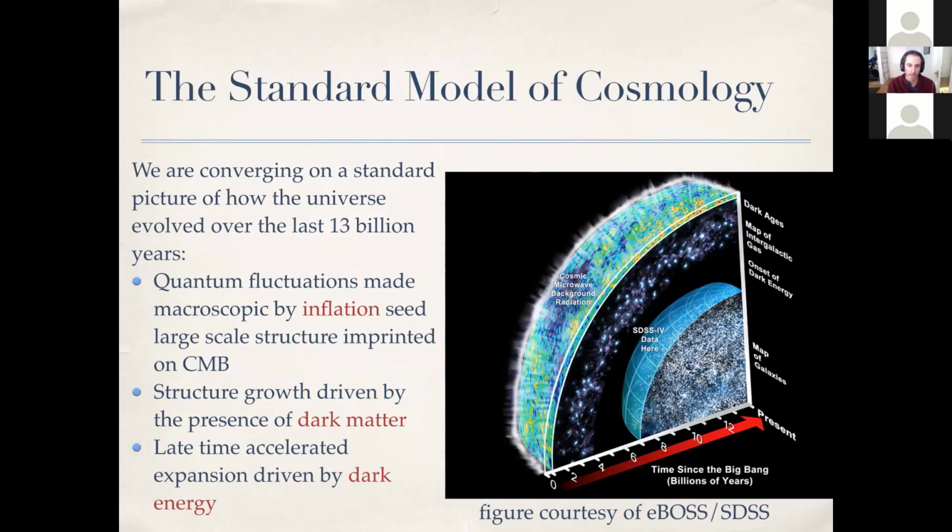Those quantum fluctuations then seed the large scale structure that's imprinted on the cosmic microwave background. That large scale structure then collapses and grows and forms the late time structure that we observe in galaxy surveys today. So that's this clumpy stuff down here.